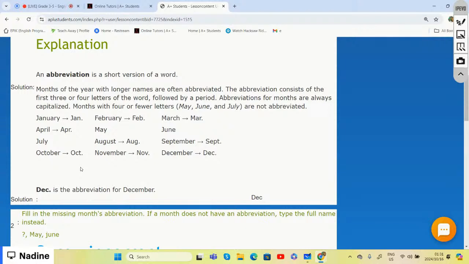But if a month has fewer letters, four or less, then we do not abbreviate those words. Only words with five or more letters. And here we have examples of months of the year.